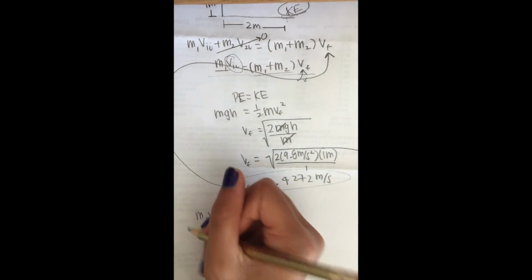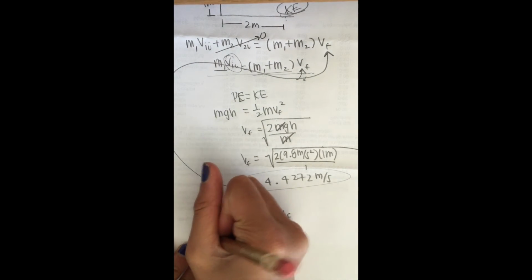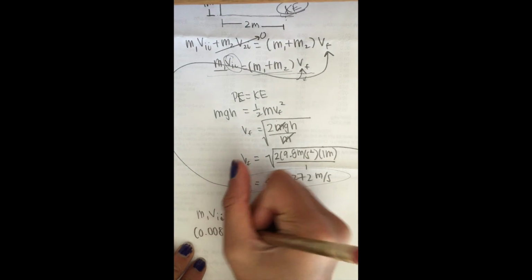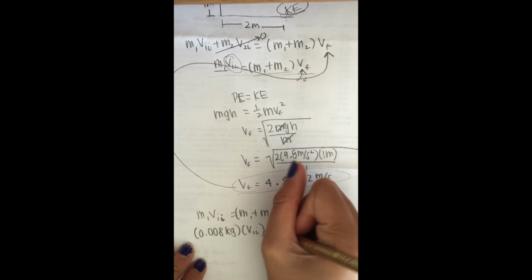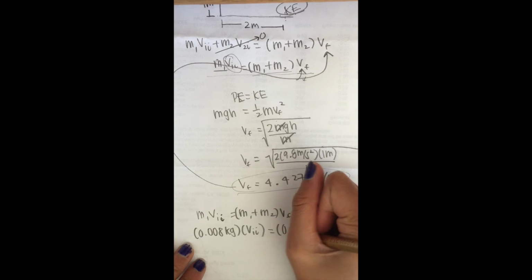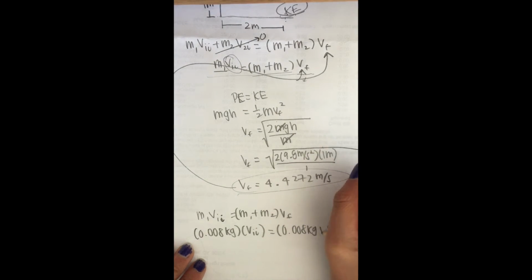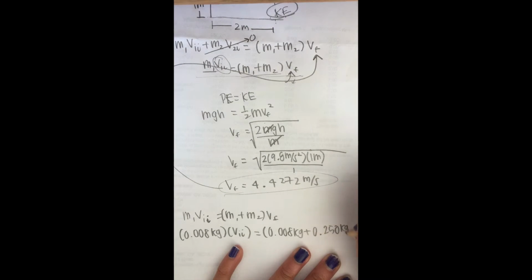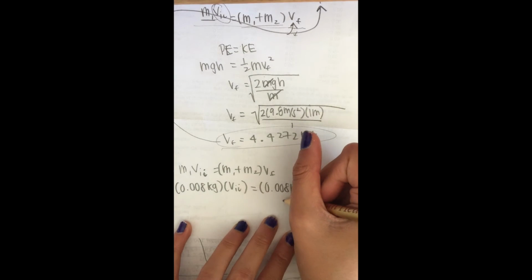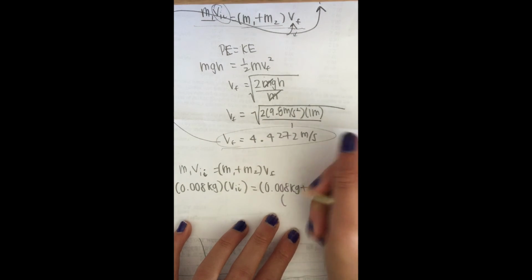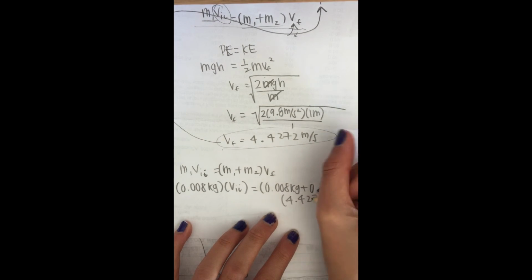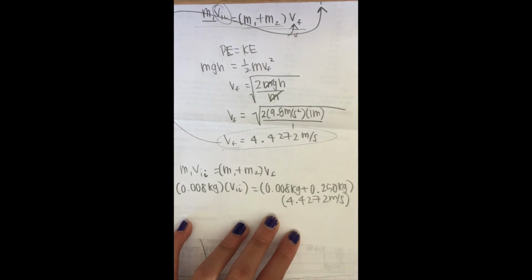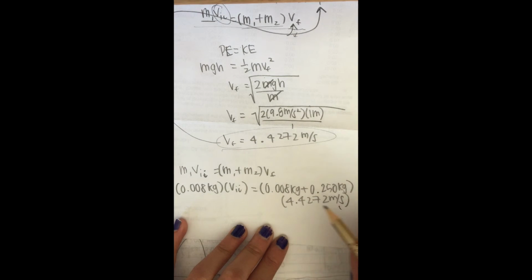Mass 1 is the bullet, so that's 0.008 kilograms times velocity initial equals 0.008 kilograms plus 0.250 kilograms, and then times 4.4272 meters per second. I ran out of space here, but this is multiplied by this. It's in the same line of the equation.